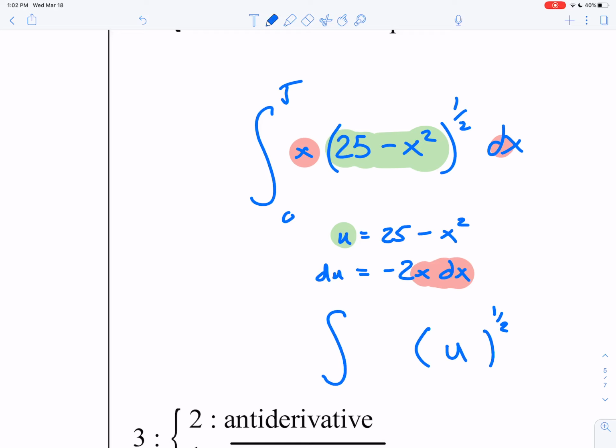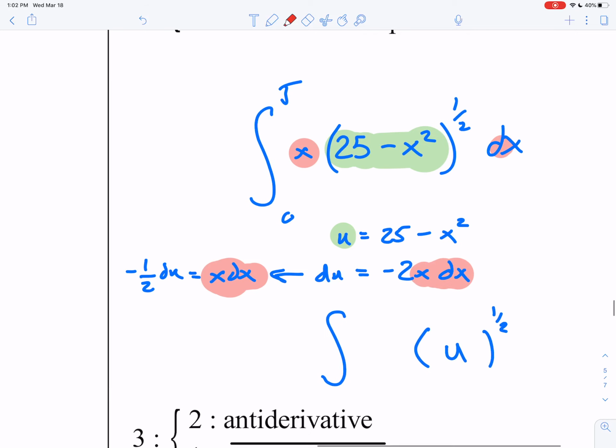So what I have to do is I have to kind of tailor it. So x dx, if you guys isolate it, if you divide by -2, that's just going to be negative 1/2 du. So here, now I have a perfect fit. So I'm going to go ahead and substitute that for negative 1/2 du. But the negative 1/2, I could actually just throw on the outside.